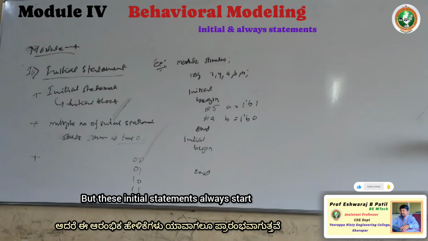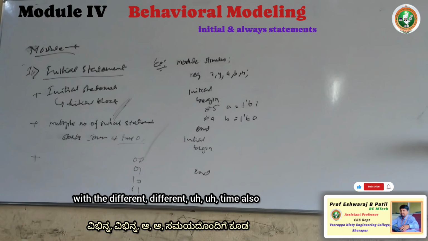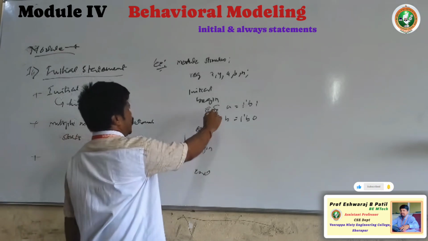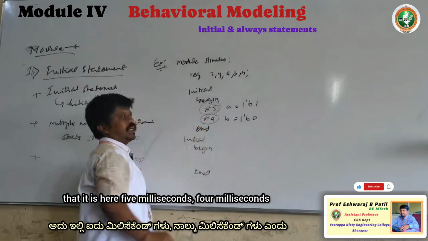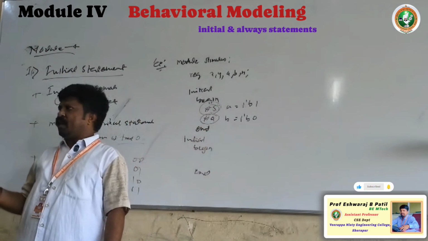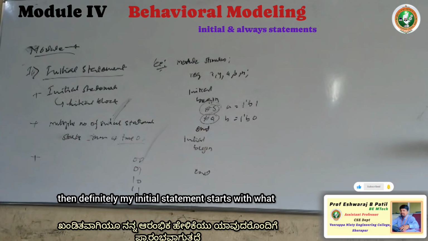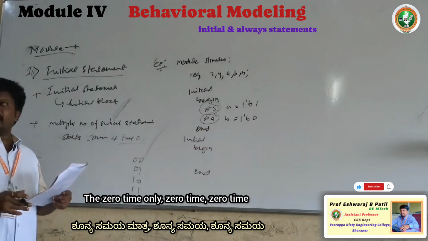But these initial statements are not always of different types. If he has mentioned five initial statements, or four initial statements, my initial statement definitely starts at zero time only.